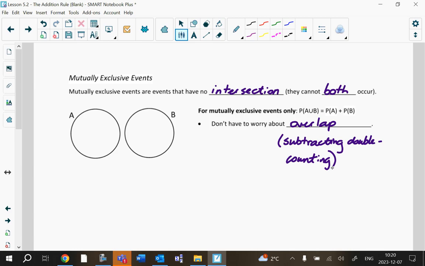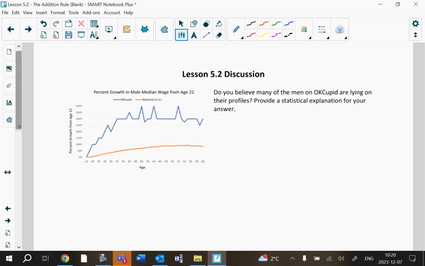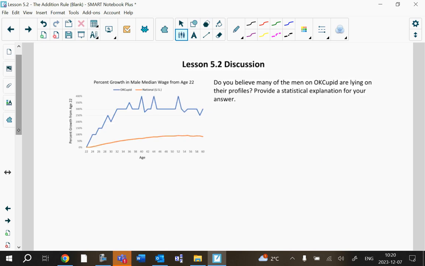You might find this of interest. Do you believe that many of the men on OkCupid are lying on their profiles? Okay. And here's some data. Here's the percent growth in male median wage from the time they're 22 to the time that they're 60.